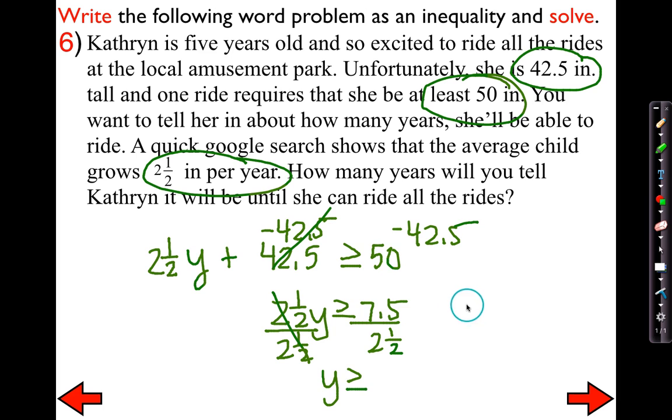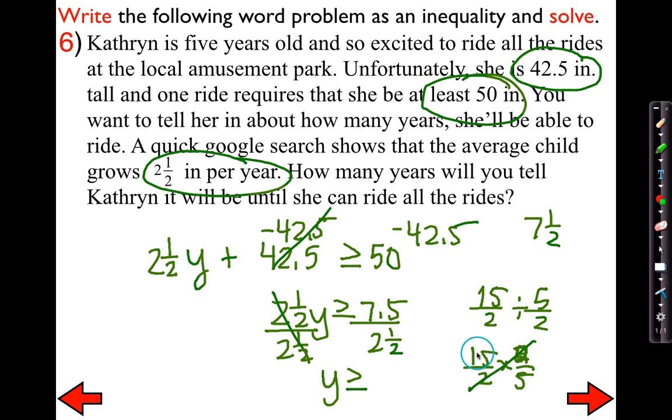Here, this would be fine if you wanted to turn it into a decimal because 1/2 is a nice decimal, but I personally like to work with fractions, so I'm going to turn this to 7.5, which is going to become 15 halves, divided by 2 times 2 is 4, plus 1 is 5, 5 halves, which becomes the multiplication of the reciprocal.